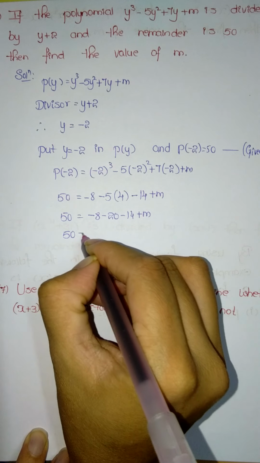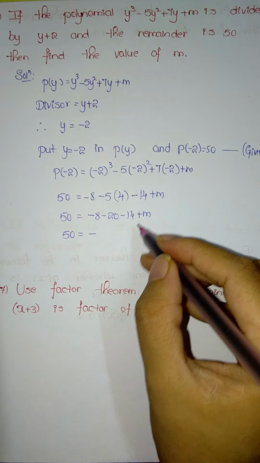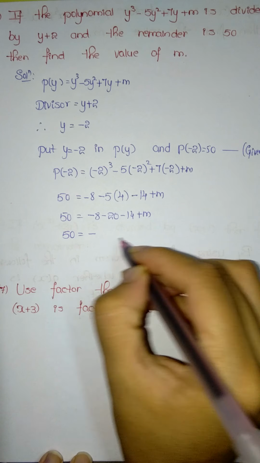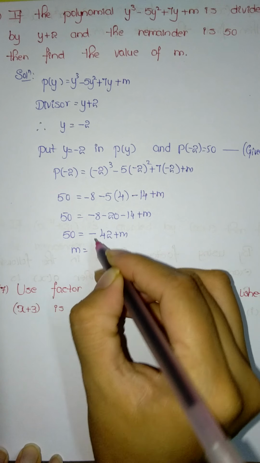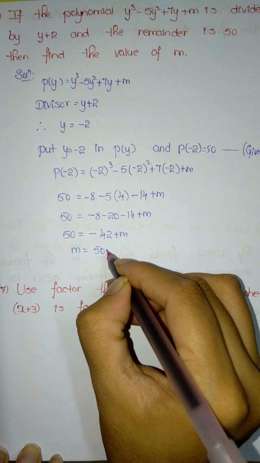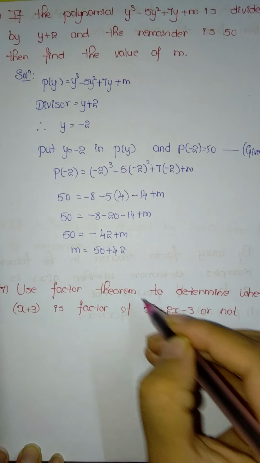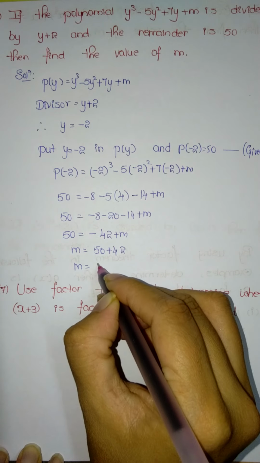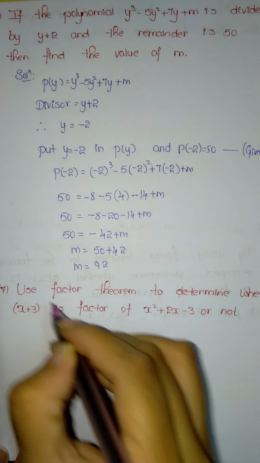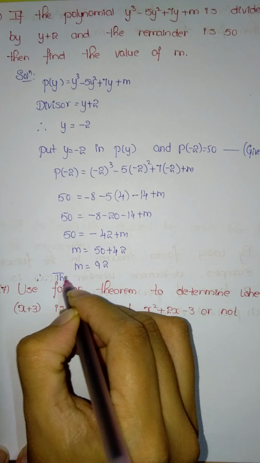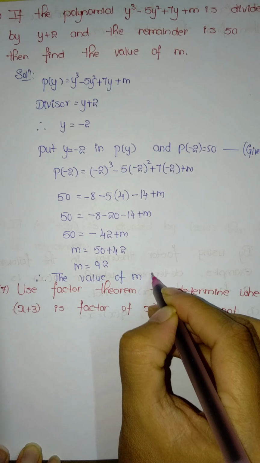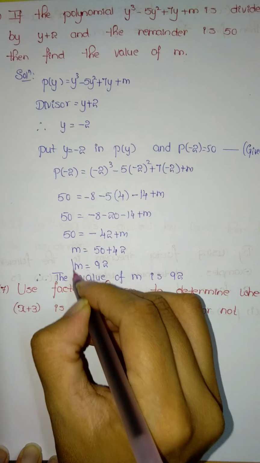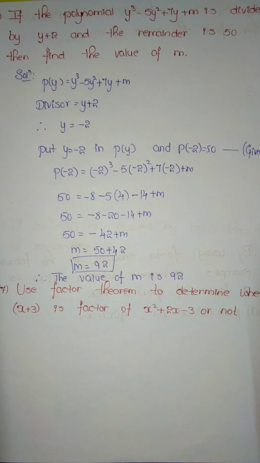So 50 equal to minus 42 plus m. Now keep this m as it is and take this 42 to this side. So 50 plus 42, so m is equal to 92. Therefore, the value of m is 92. So it completes question number 6 of practice set 3.5.